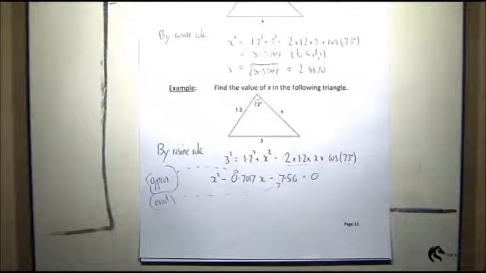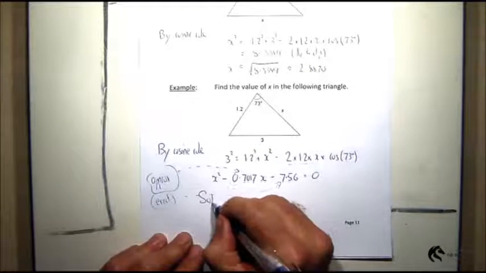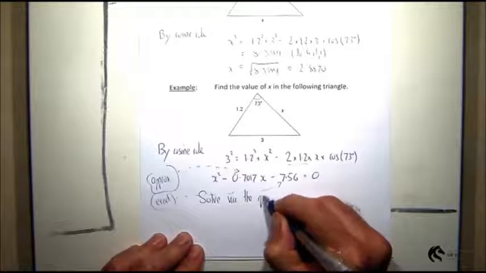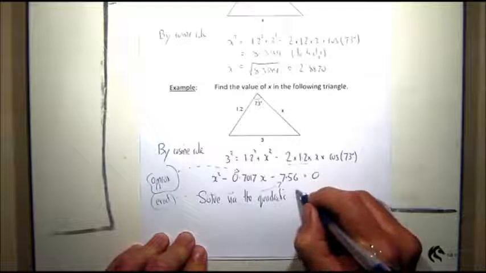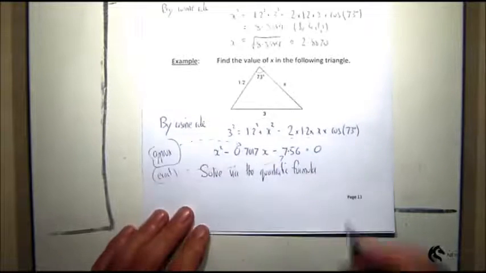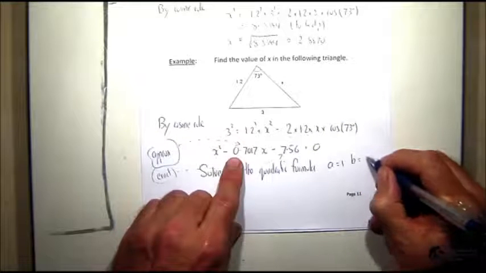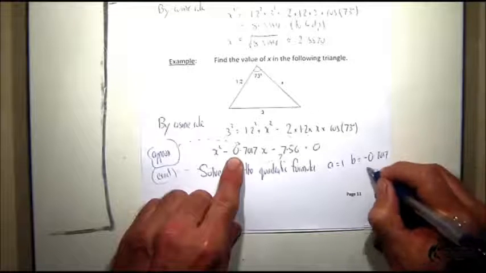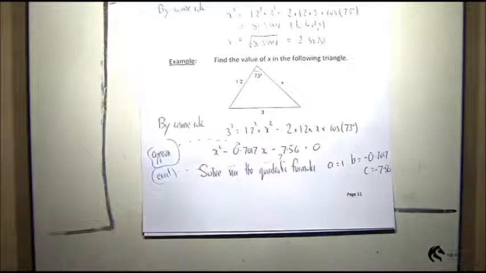So I would say to you, solve via the quadratic formula. And here A would be equal to 1, B would be equal to minus 0.7017, and C would be minus 7.56.